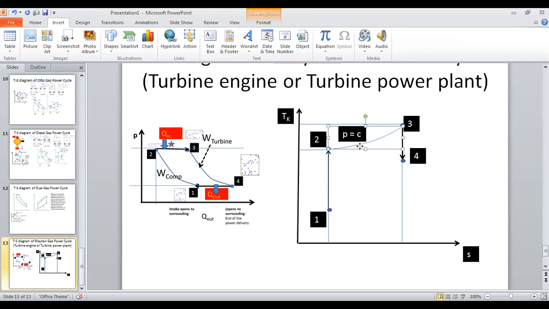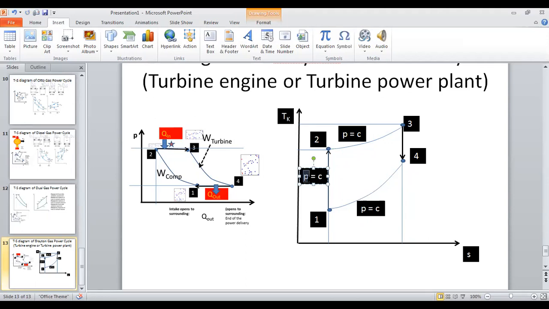Yes. Then 4 to 1. It is constant pressure, heat rejection equals difference.